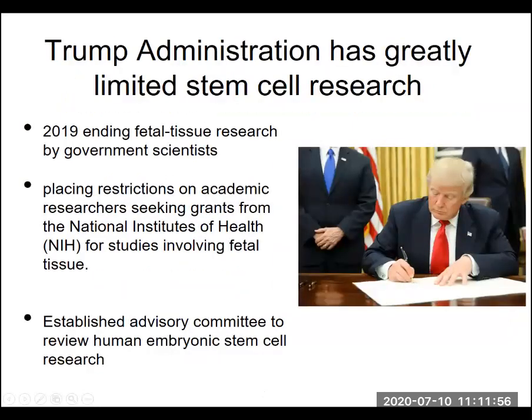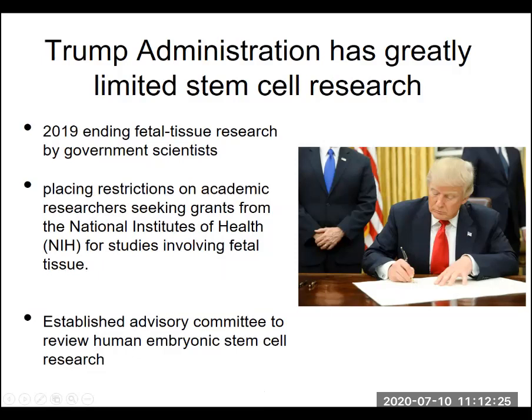The Trump administration has greatly limited stem cell research. In 2019, the Trump administration ended fetal tissue research by government scientists and placed greater restrictions on academic researchers. These are the researchers at colleges and universities that are seeking funds from the National Institutes of Health, so again, federal funds administered through the Department of Health and Human Services.